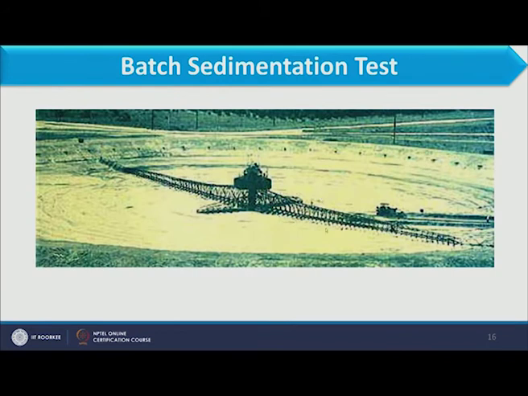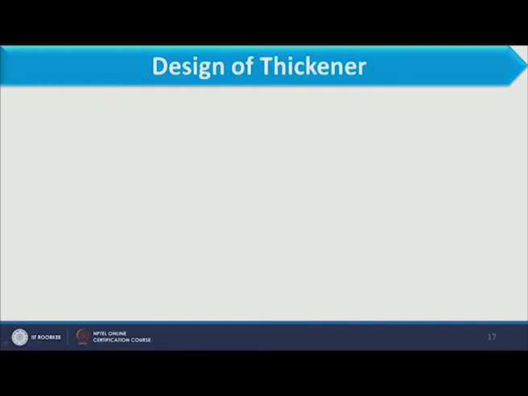So if you see this particular figure, here we have the sedimenter which is huge in size. So you can imagine we have to design this very carefully. We cannot expect a slightly over designed thickener. Now as far as design of the thickener is concerned, we will go for the continuous operation.